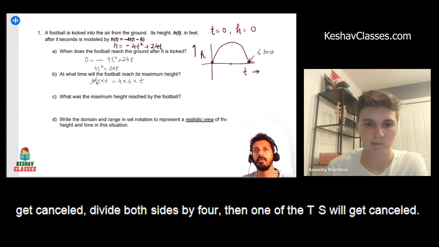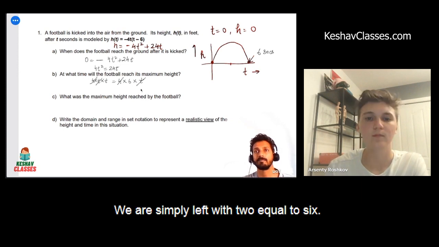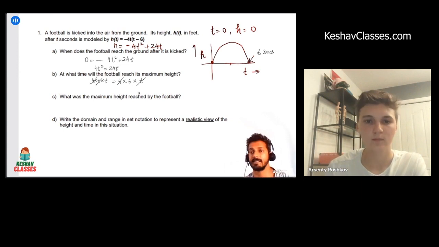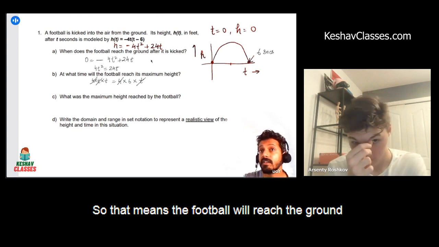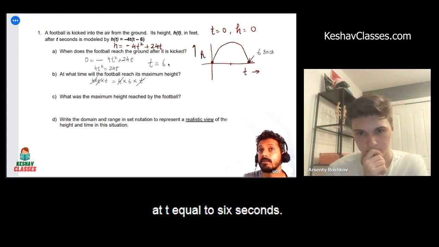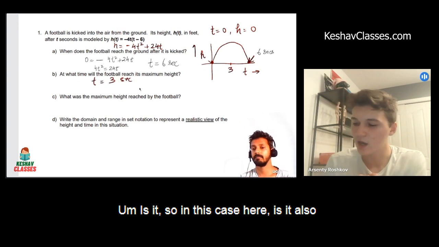So one of the 4's will get cancelled. Divide both sides by 4. Then one of the t's will get cancelled. Divide both sides by t. We're simply left with t equal to 6. Oh, okay. So that means the football will reach the ground at t equal to 6 seconds.